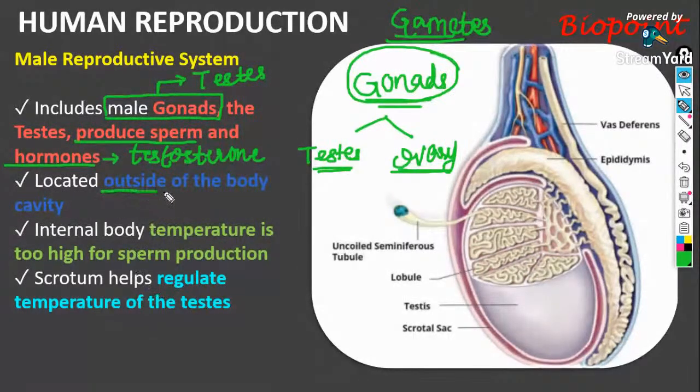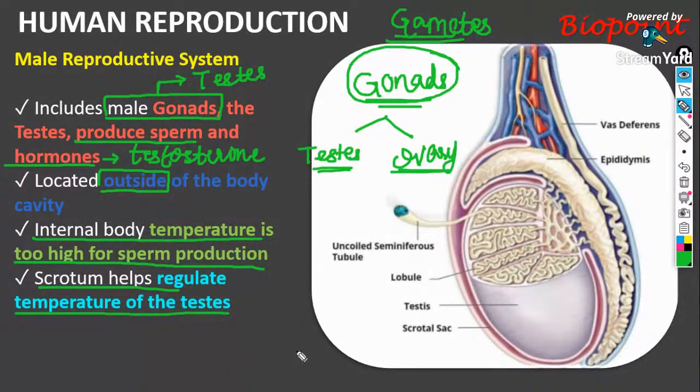The testis is located outside the human body because the internal body temperature is too high for sperm production. Scrotum regulates the temperature of the testis. So these are the functions of scrotum, and why it is located outside the human body.